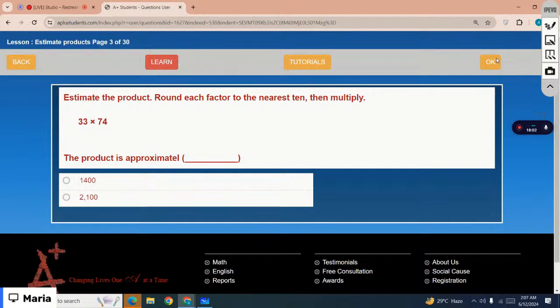So 7 times 3 is 21. Yes, the correct option is 2100. Option number 2 is the correct option. Very good.